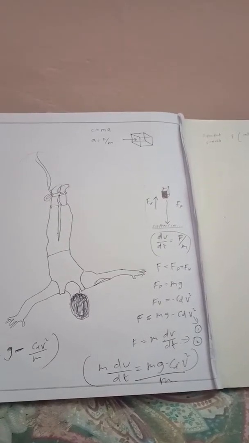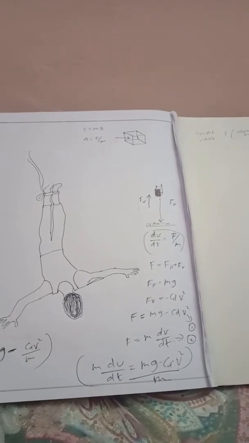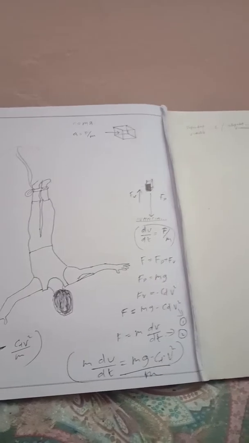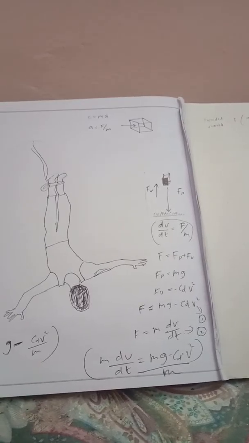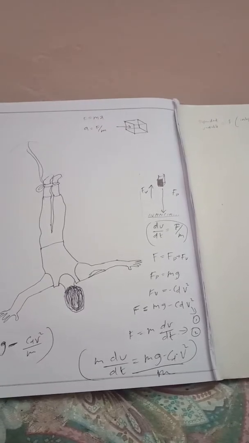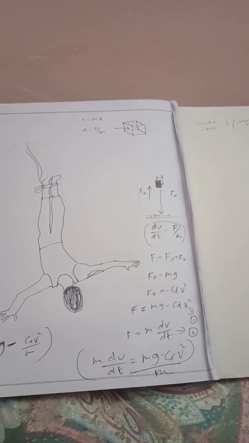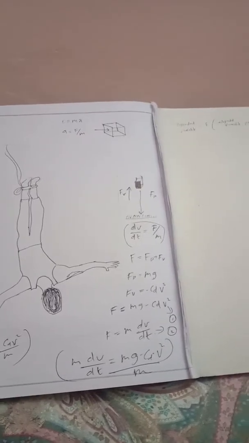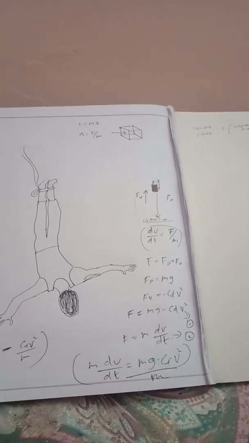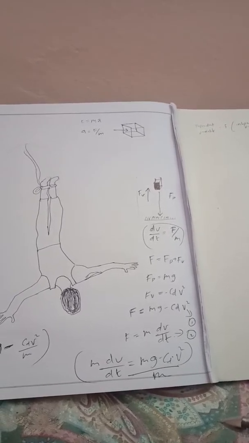The parameter CD accounts for properties of the falling object, such as shape or surface roughness, that affect air resistance. For the present case, CD might be a function of the type of clothing or the orientation used by the jumper during free fall. The net force is the difference between downward and upward force.